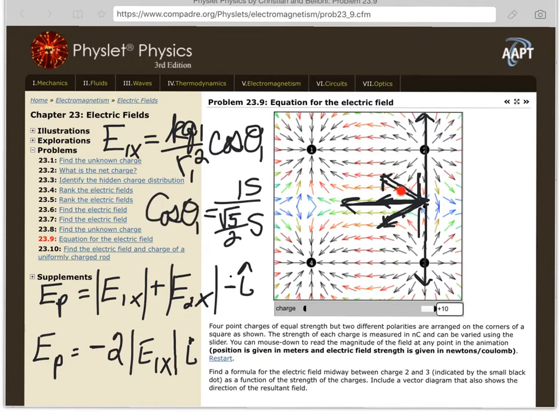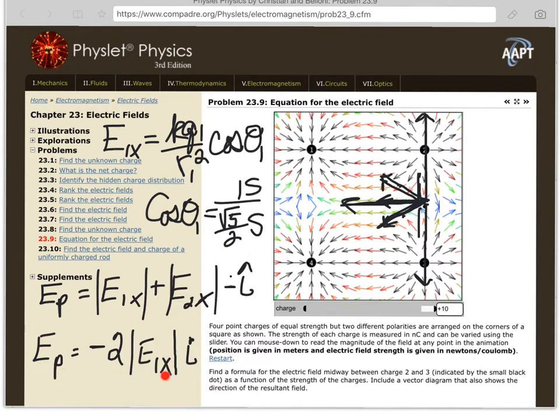The cosine of that angle is the adjacent, s, over the hypotenuse, square root of 5 over 2 times s, and so the s cancels, and the cosine of the angle is 1 over the square root of 5 over 2, or 2 over the square root of 5. You don't actually have to find the angle, because all you need is the cosine of the angle. There are other ways of doing it, but that, I think, is the most direct way.